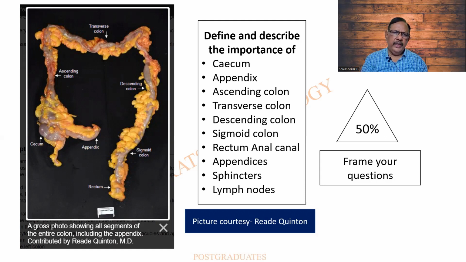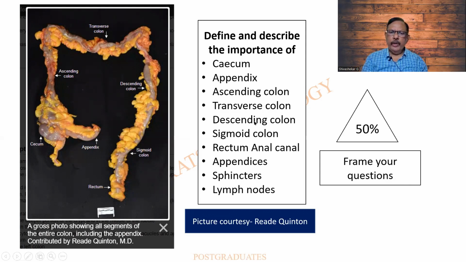We are able to see the cecum over here, then a projecting appendix, the ascending colon, transverse, descending colon, sigmoid, and the rectum. Also seen are the tags of fat with which we are able to identify. We are supposed to look for the tinea coli or the bands of muscle.